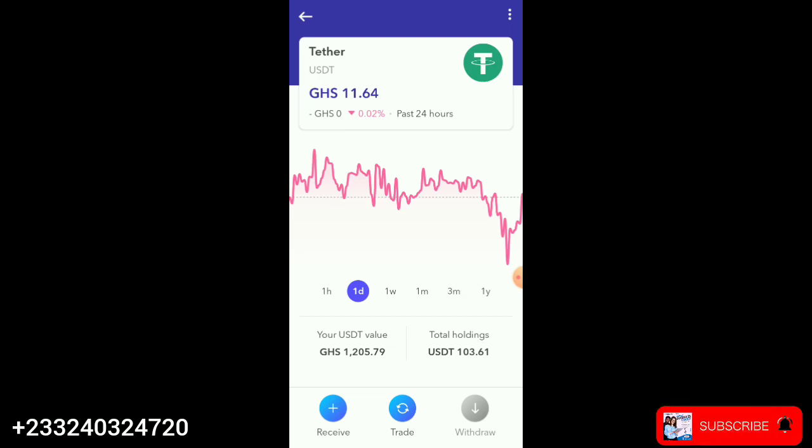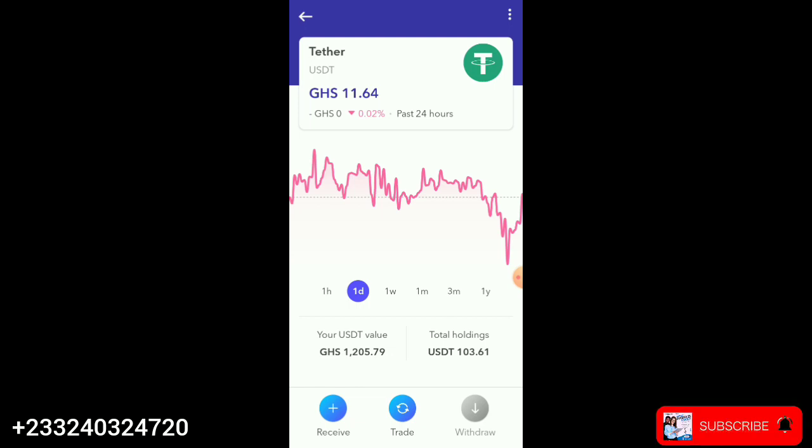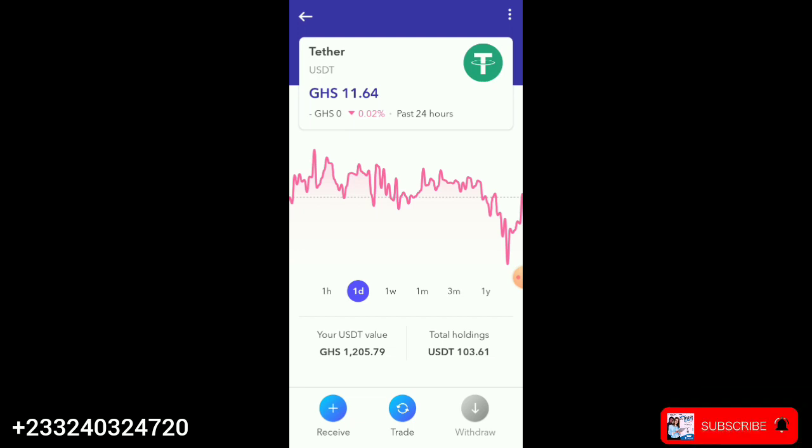Why would I invest 1,254, knowing that if I want to sell it over here, I will get 1,205, meaning I've lost almost 40 cedis? I will not do that. I hope you understand. I will not do that because I know the withdrawal method was working.